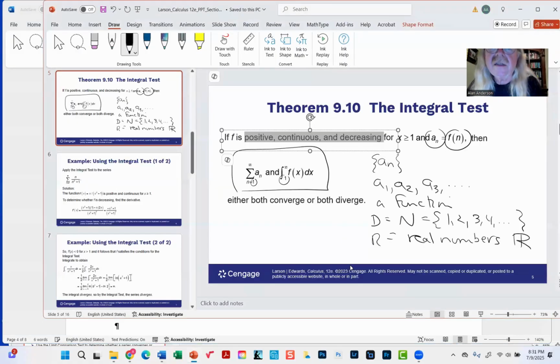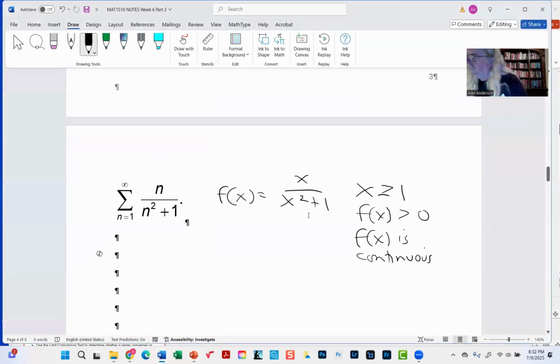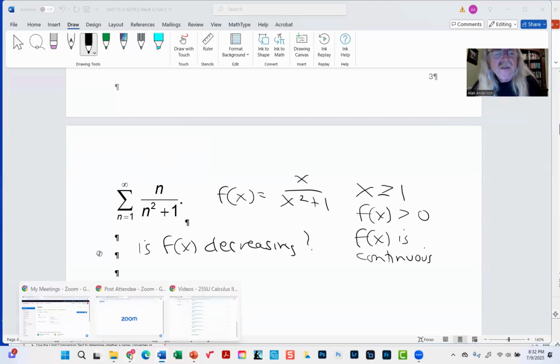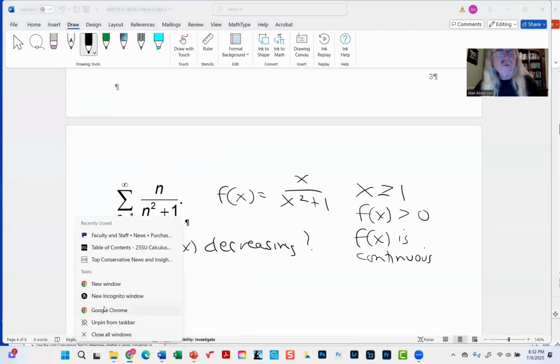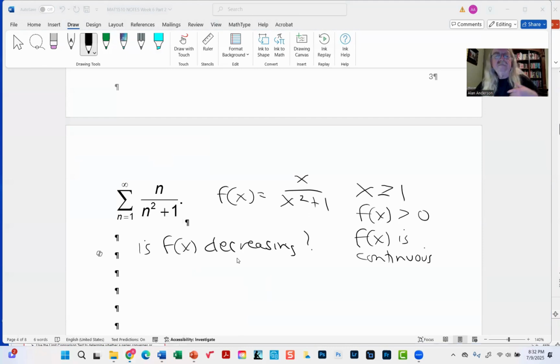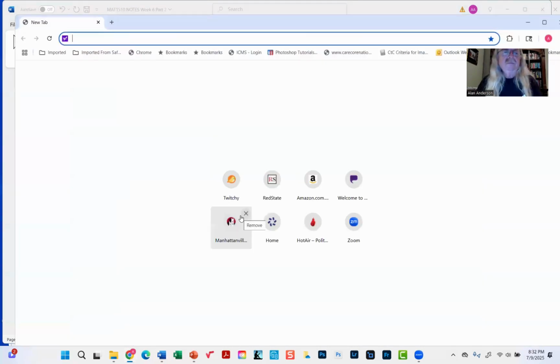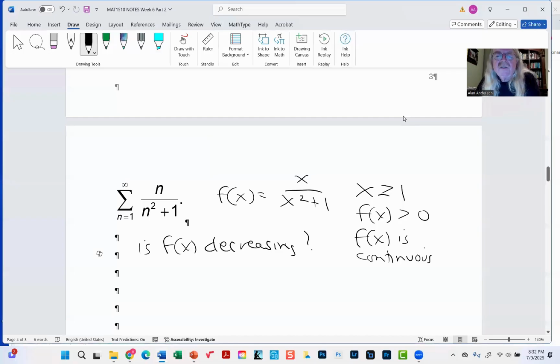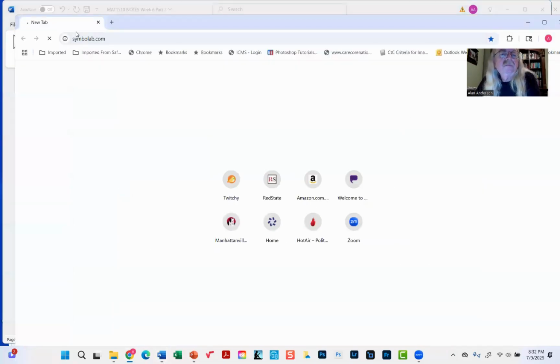The question is whether or not it is decreasing, because that's one of the requirements. We can do one thing here: go to Symbolab and take a look at this. The other option is to simply take the first derivative and see what its sign is. So first, let's look at the graph of x over x squared plus 1.